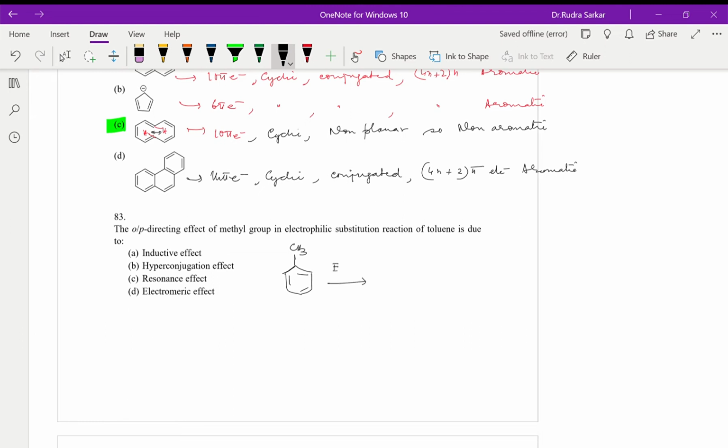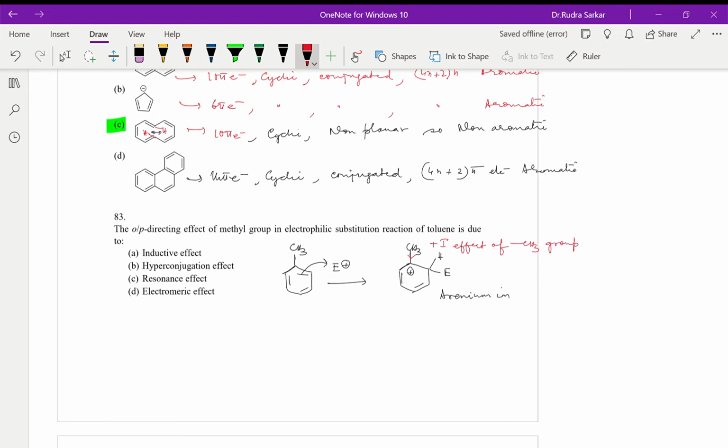In the rate determining step, suppose the electrophile comes, the pi bond opens up, creating a sigma complex such as the following shown over here. Now one can see that in this arenium ion which is formed, the positive charge is being stabilized by the plus I effect of the CH3 group.